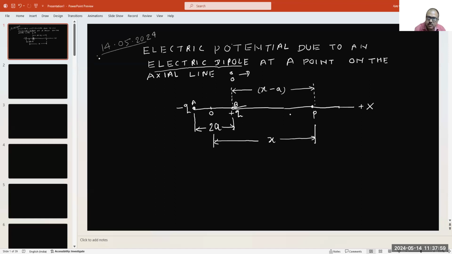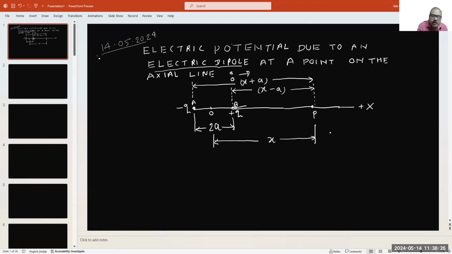And from the point A, we can also draw the distance: x is added to half of the dipole length a. So this is the distance of the point P from the point A.